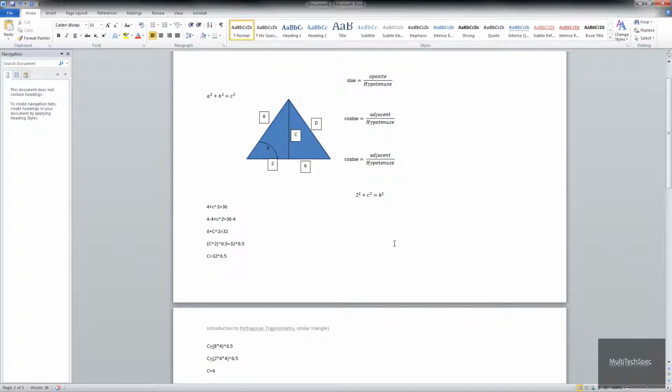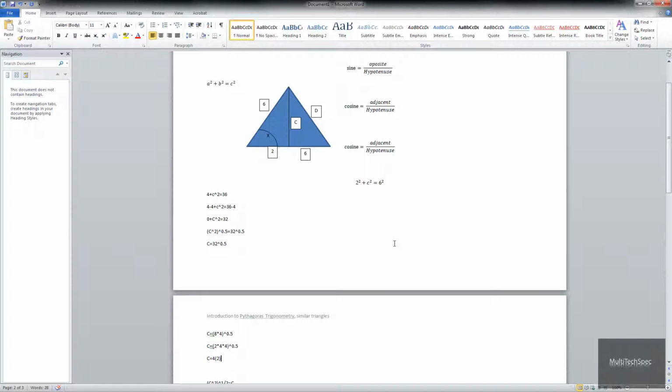I don't have a root sign, so I'm going to call it 4 root 2. I suppose I could call it 4 times 2 to the power of half.